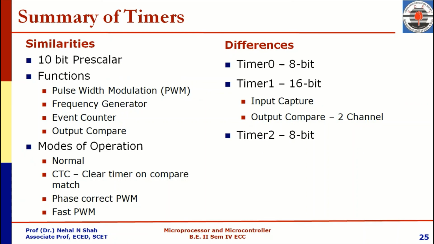It has an input capture mode, and there are 2 channels for output compare match. So with these minor differences, the functionality of all 3 timers is almost similar. Modes of operation are the same. That's why their programming is also similar.